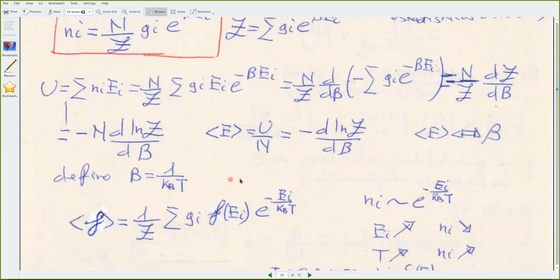So at the end, we can redefine beta as 1 divided by the Boltzmann constant multiplied by the temperature, essentially the typical thermal energy of a particle.